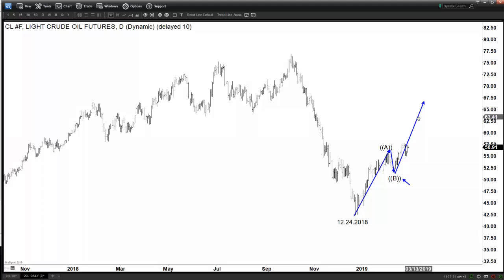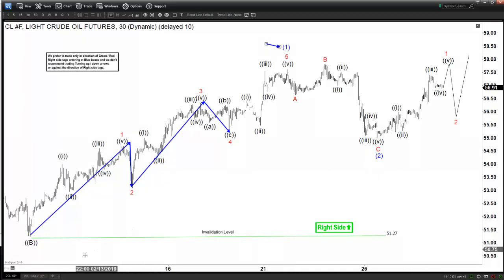Now, if you look at it from a different angle, some people look at this as an inverse head and shoulders, right? So you can draw a trend line here, and this is your head and this is your shoulders. And it broke above the neckline here, it retested, which is what we call that wave 2 here.